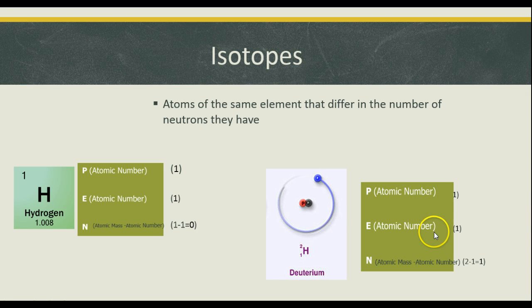So the protons equal 1, the electrons equal 1, and now because the atomic mass was raised to 2, that means 2 minus 1, we now have 1 neutron, whereas regular hydrogen we have 0 neutrons. So this is an isotope. It's an atom that has a different number of neutrons because the atomic mass is different.